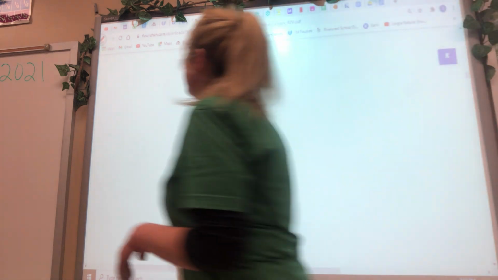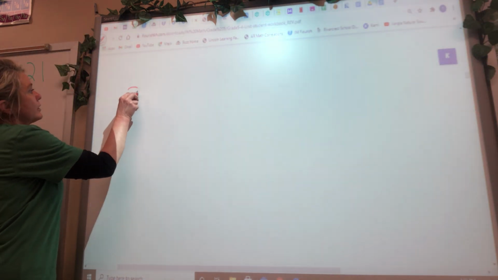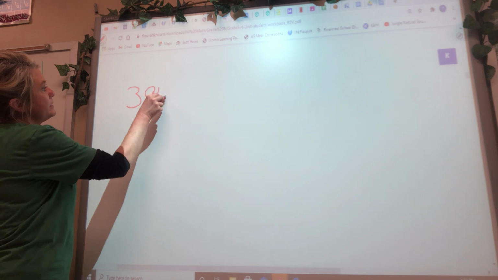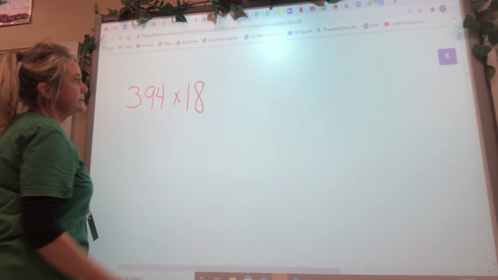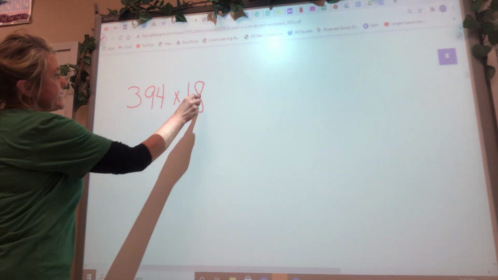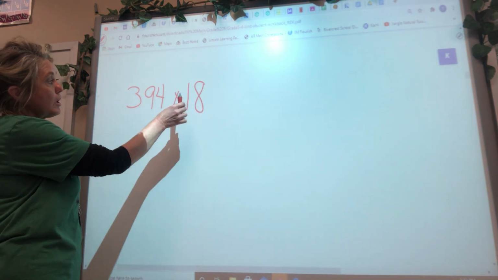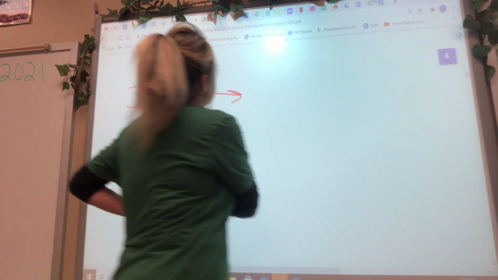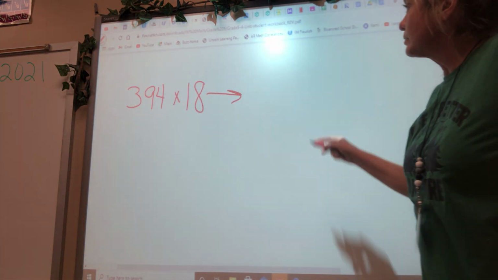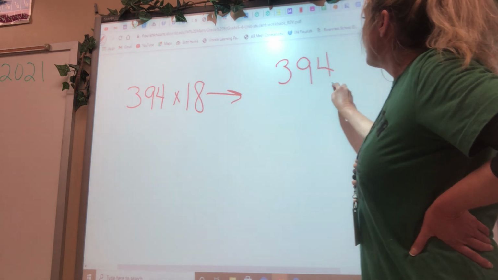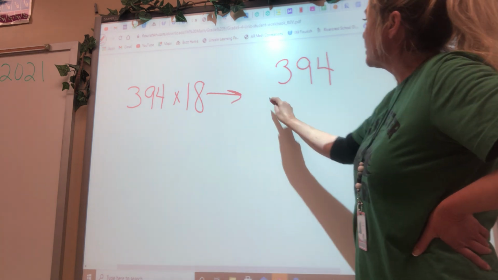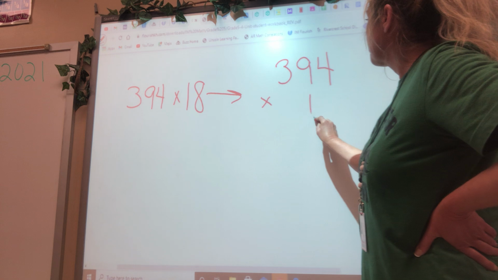So if I gave you 394 times 18. Anytime that they're written across, always go to the side if you're going to use standard algorithm and stack them on top of each other. Always putting the largest number on top.